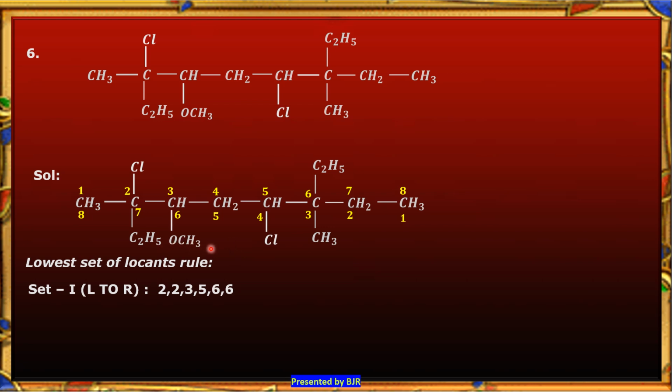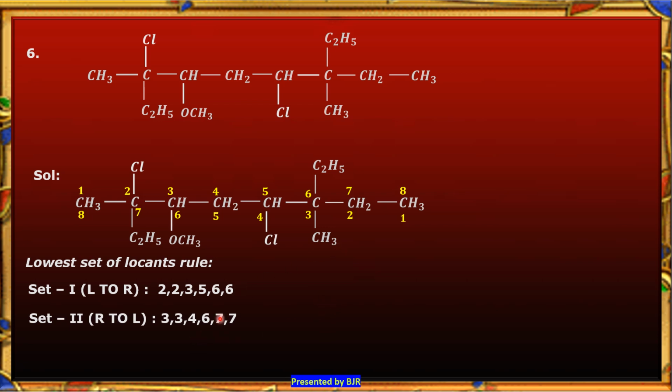So methoxy. And fifth carbon is containing chlorine, and sixth carbon ethyl, methyl groups. So these are the locants from left to right. If we consider numbering from left to right, these are the locants.